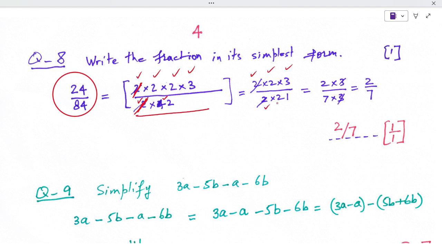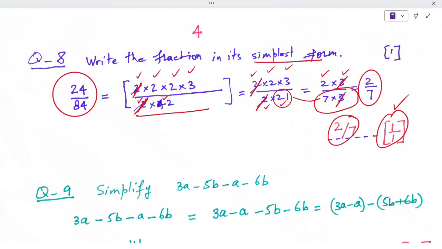I get 2 into 21, another 2 is gone, and then in the third step I write down the remaining 2 into 3 in the numerator, and I find the factors of 21, which are 7 into 3, and 3 and 3 also get cancelled, and the simplest form is 2 over 7, and you secure your 1 mark.